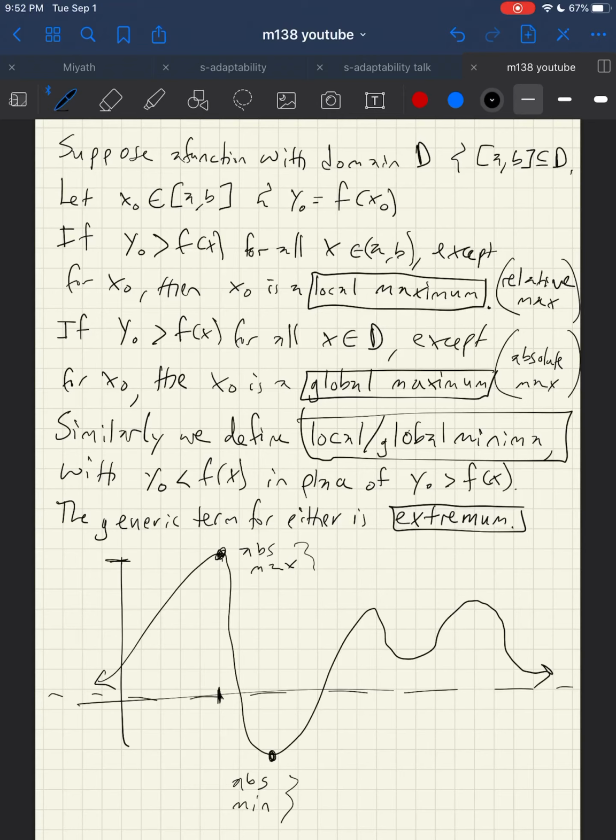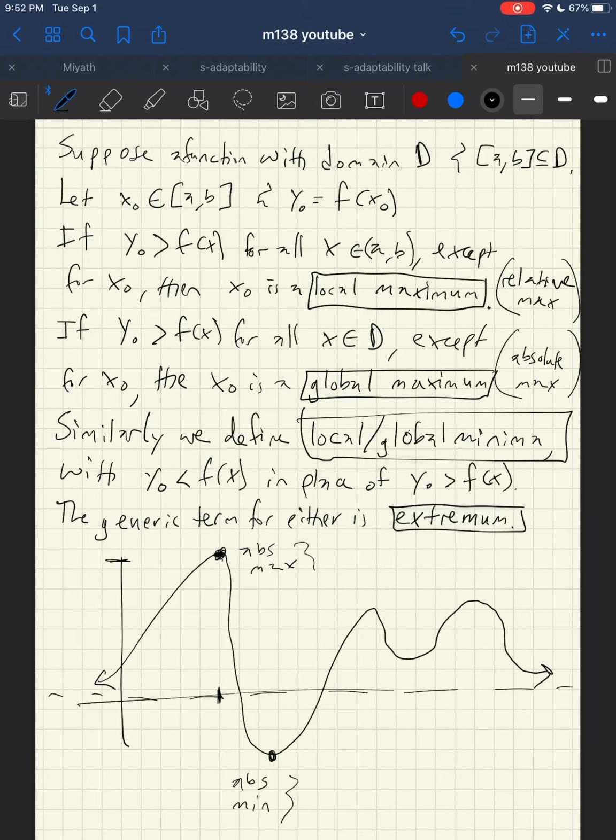Now, we notice there's a little bit of an issue here. The way that I've defined a local maximum, an absolute maximum is also a relative maximum. Some books will say, oh, if it's an absolute max, then it's not a relative max.